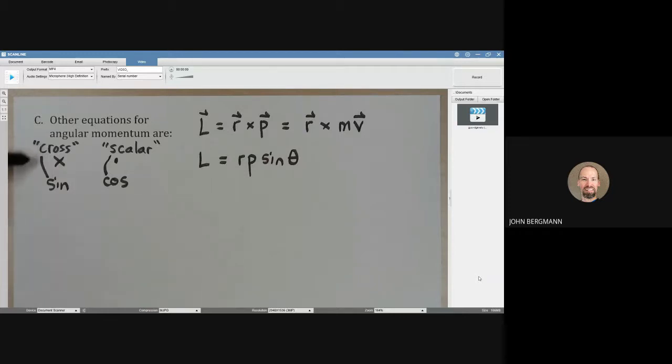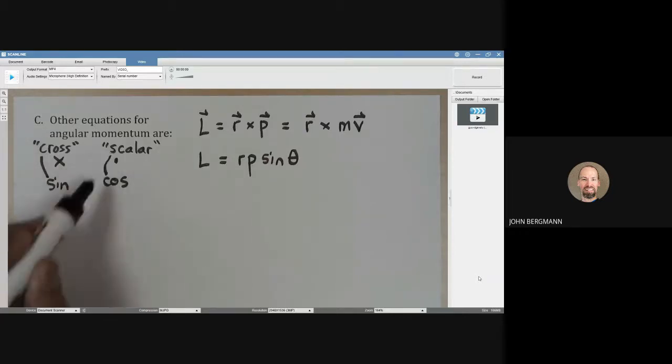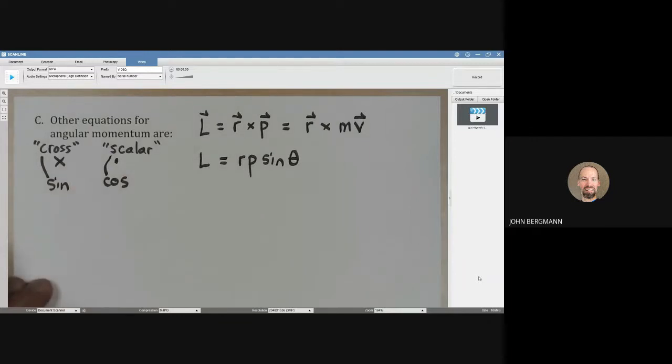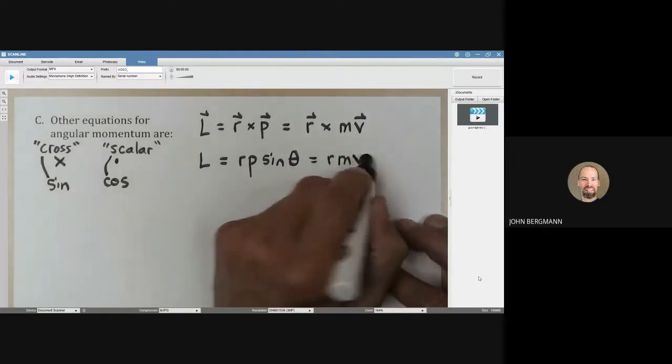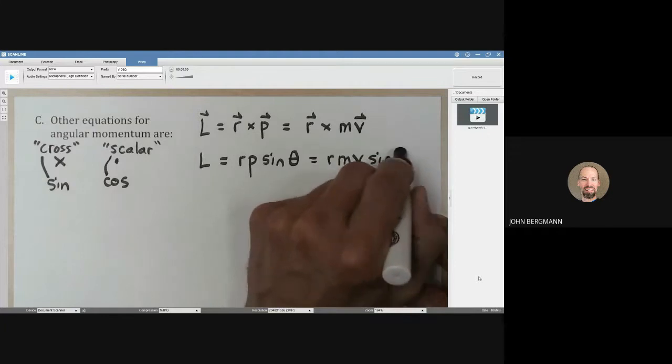Cross product, use sine. Scalar product or dot product, use cosine. That's just a little mnemonic that helps me remember when to use sine and when to use cosine. We could also then say R, M, V, sine theta to find the magnitude.